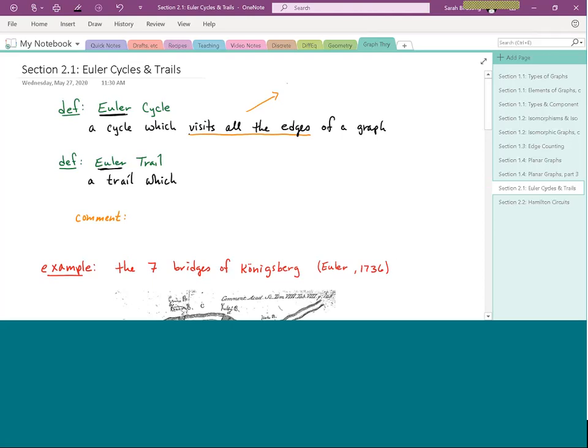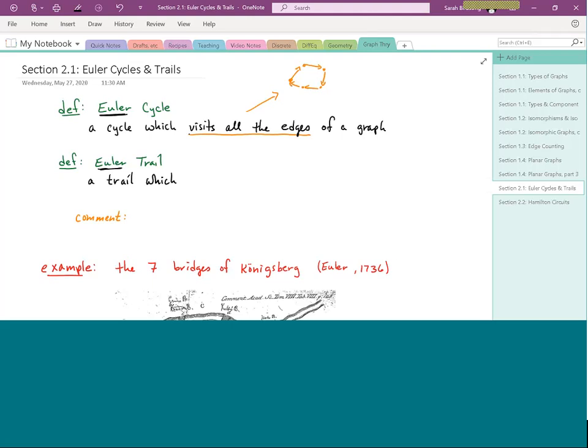You go around your graph, and you have to come back to your starting point. That is the key thing. Please note, if you actually visit all of the edges of your graph, you will pretty much by default be forced to visit at least one vertex more than once.